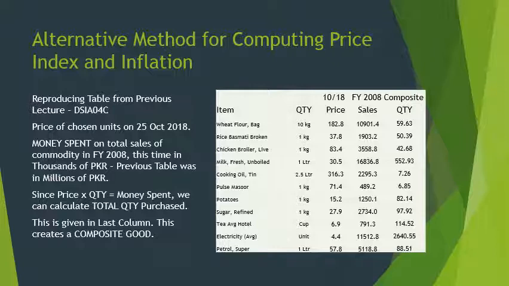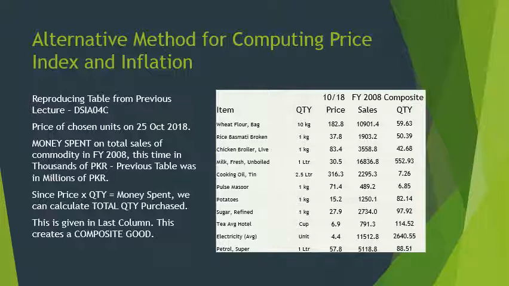So 10,901.4 thousand rupees were spent on wheat flour. The price was computed to be 182, and so the quantity that was sold was 59.63 units of 10 kilogram bags, which means that 596.3 kilograms of wheat were sold.